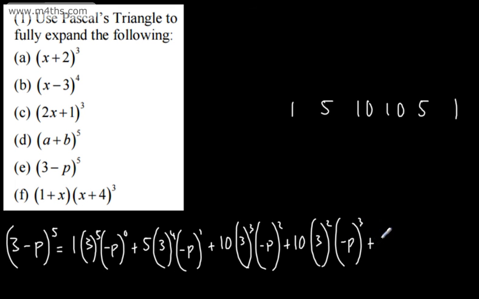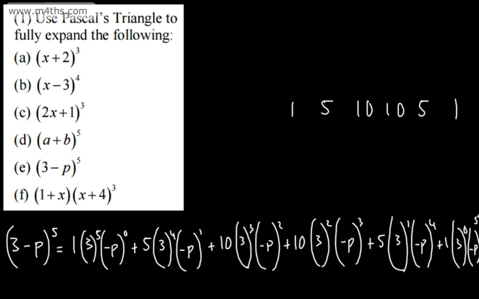We'll have plus 5, we'll have 3 to the power of 1, we will have negative p to the power of 4, plus 1, we'll have 3 to the 0, and we'll have negative p to the power of 5.